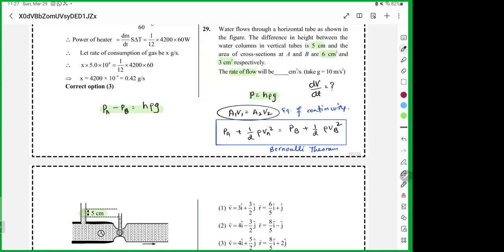You apply these three things, you will get the answer. Because volume rate flow dV, this is volume, by dt will be equal to area into velocity.